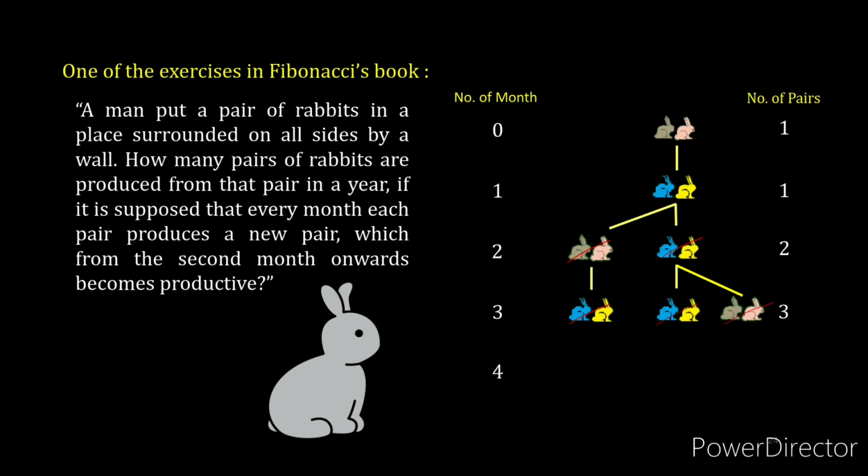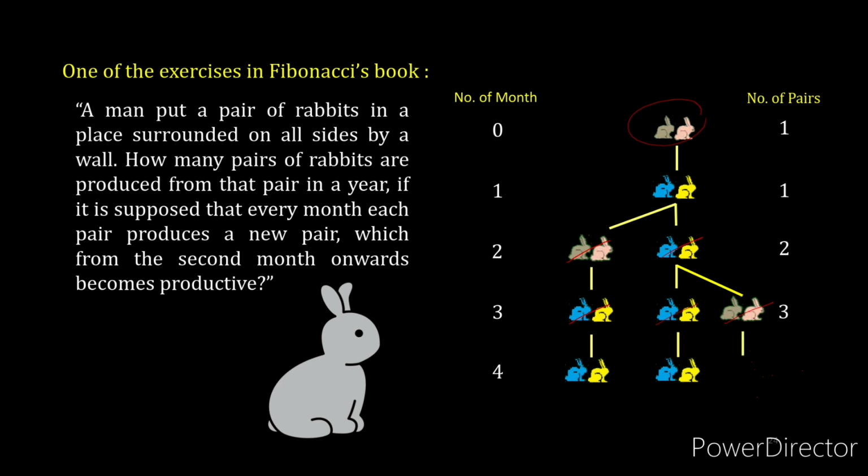Magpapatuloy lang yung behavior ng growth ng breeds ng rabbits as long as walang namamatay sa kanila. Halimbawa, for the 4th month, yung first pair natin, sila pa din po yan. Then, yung first set na meron tayo ng mga babies, still, sila pa rin po yung adults na yun.